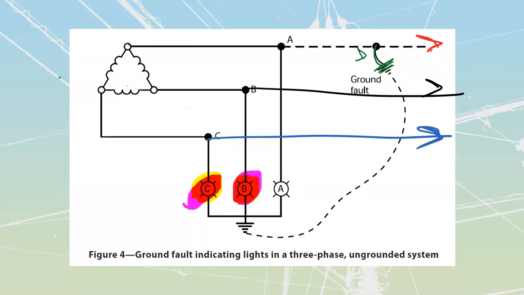And the reason that they're getting brighter is because now all of a sudden they are going across full line-to-line values. Take a look at this. Right now, if this is where my ground fault is over here, that means that's the same point. I can just follow along with my finger as if I had my ground fault tied right over here. And if this is ground right over here, then this is ground right over here.